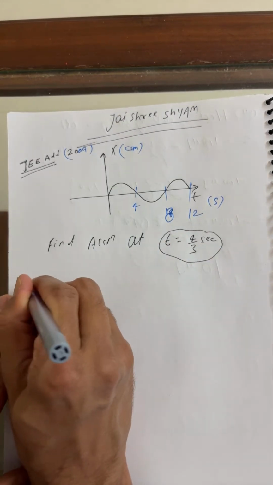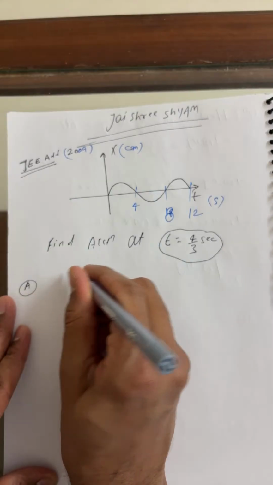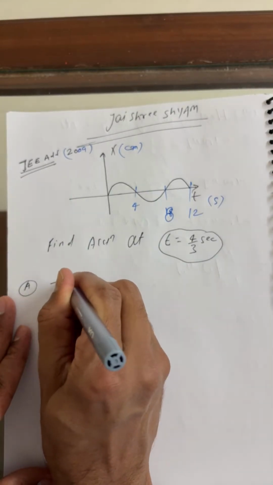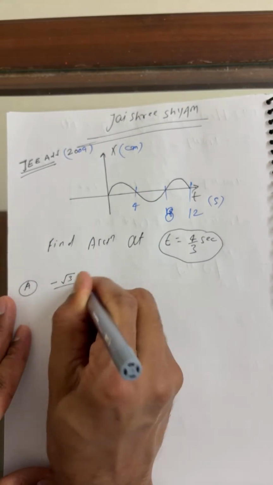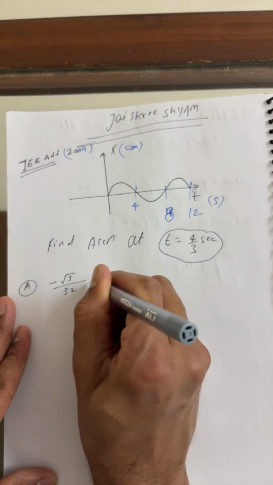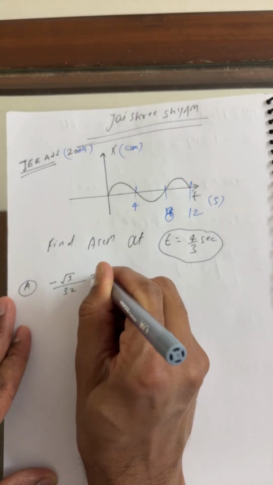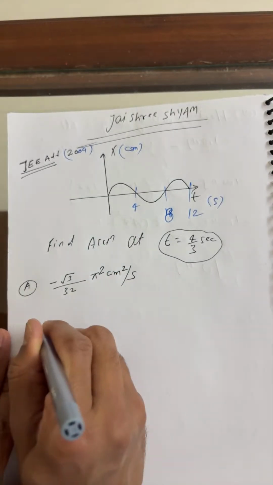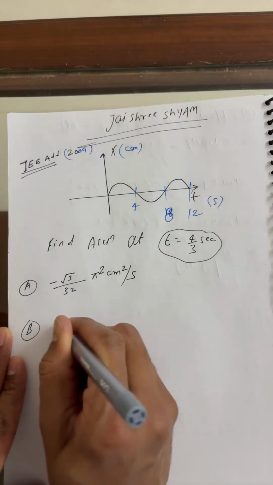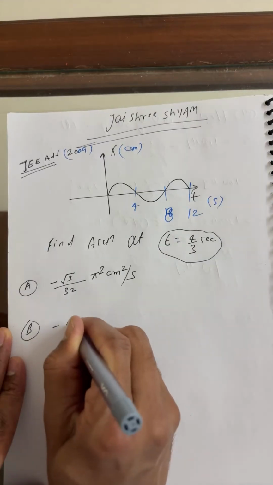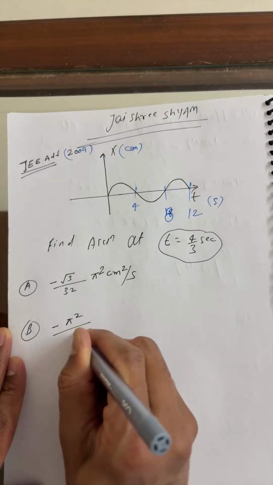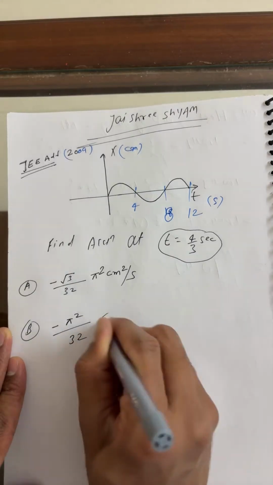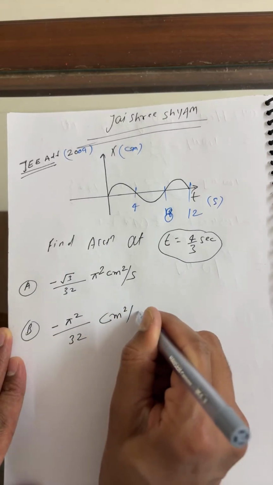The options are mentioned here. Option A: minus root 3 by 32 pi square centimeter per second square. Option B: minus pi square upon 32 centimeter per second square.